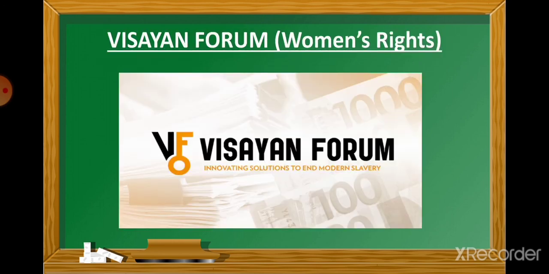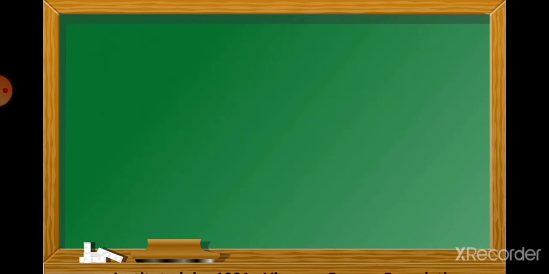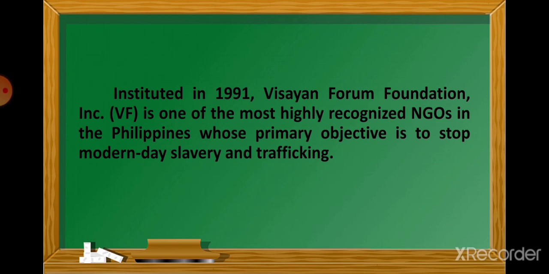Next one is the Visayan Forum. This is all about women's rights. Instituted in 1991, Visayan Forum Foundation Incorporated, or VF, is one of the most highly recognized NGOs in the Philippines, whose primary objective is to stop modern-day slavery and trafficking.